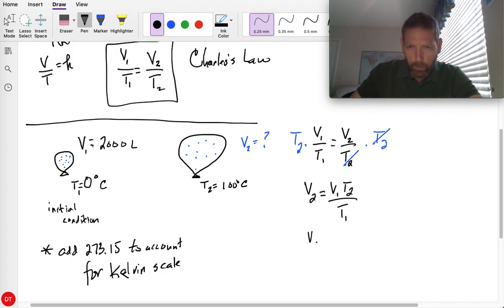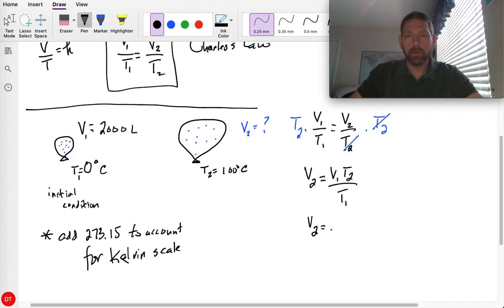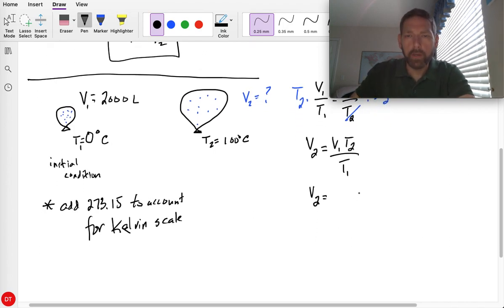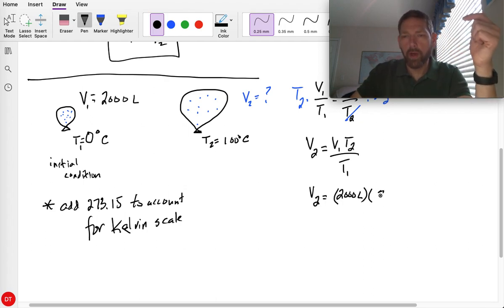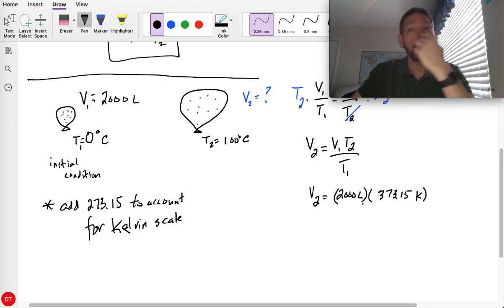So V2 equals, volume 1 was 2,000 liters, right? Temperature T2 is 100 plus the 273.15, so that would be 373.15, and then we just put K. And you don't use a degree symbol with Kelvin.